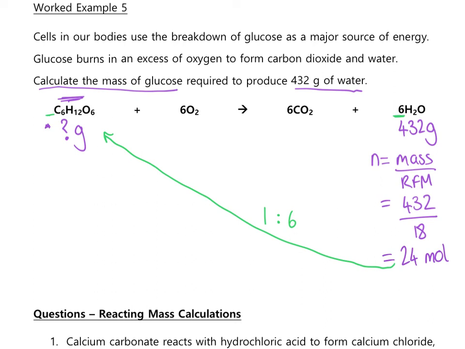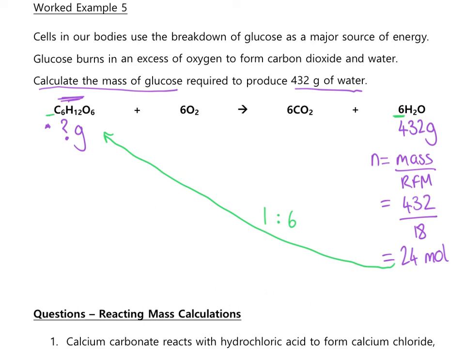My 6 is in front of my water and my 1 is in front of my glucose, so I write my ratio as 1 to 6. However, since we're going from water to glucose, you could also consider that as a ratio of 6 to 1. Whichever way you prefer to write it, we're going from 6 moles of water to 1 mole of glucose.